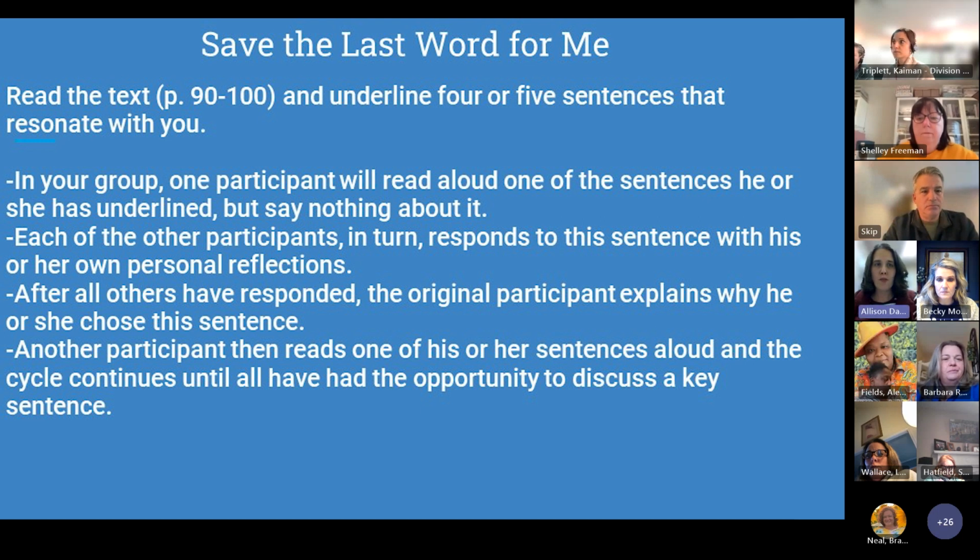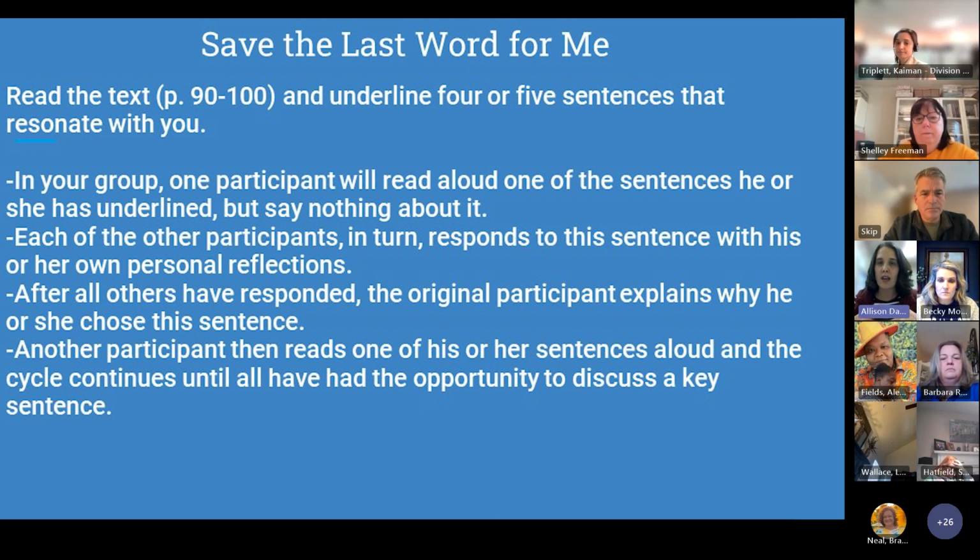So you'll have a few minutes to read and then underline 4 or 5 sentences that resonate with you, maybe because you've tried this in your teaching setting, or maybe it's something that you want to try. Maybe you just think, wow, this is something that all kids need, or I know a student this will be helpful for, right? So you're going to underline, out of those 10 pages, 4 or 5 sentences that really resonate with you.